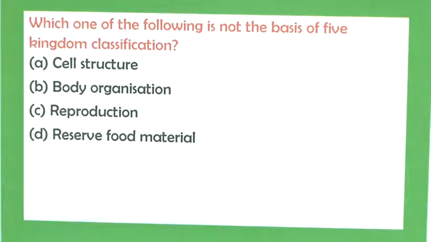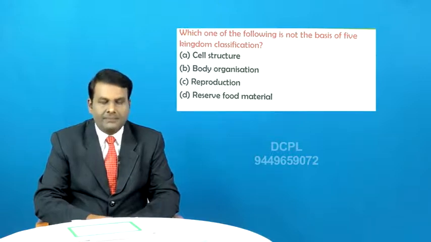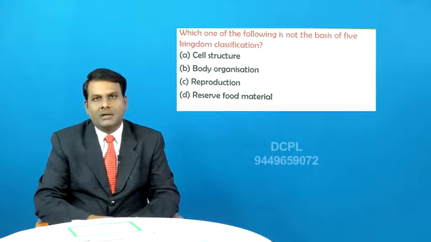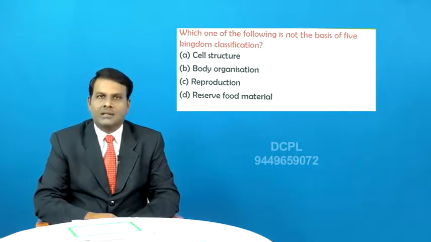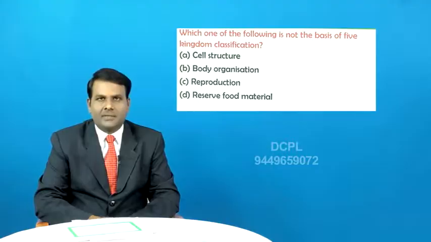And option B is body organization. The body organization may be in the form of colonial form, filamentous, multicellular, etc. That is also one of the criteria used for classification. And option C is reproduction. Reproduction is whether the organisms have mitosis or meiosis, or whether there is gamete formation or absence of gamete formation, which was also considered for classification.